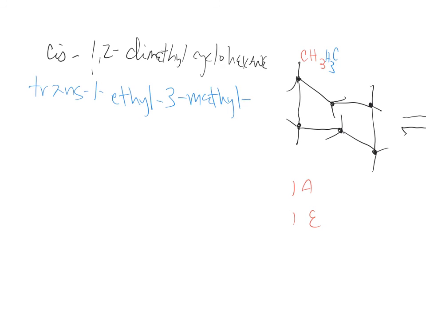And I'm only putting the hyphen there because I don't have enough room to write out cyclohexane. Otherwise, you would just say methyl cyclohexane. But trans, 1 ethyl, 3 methyl cyclohexane.